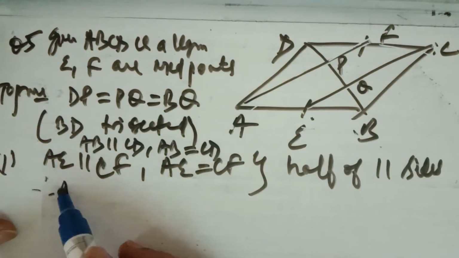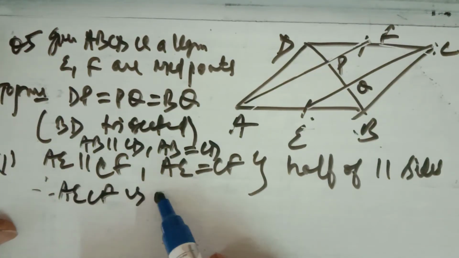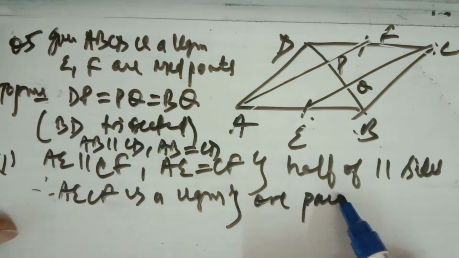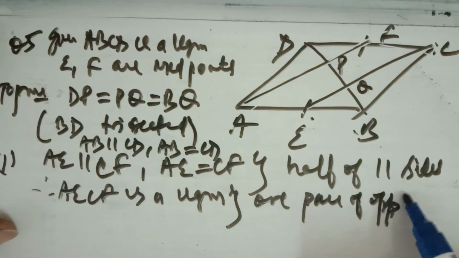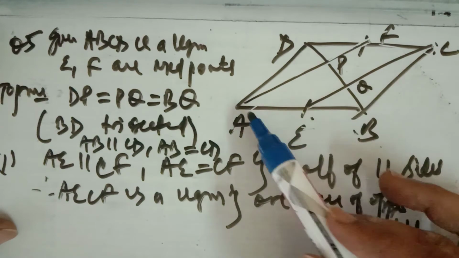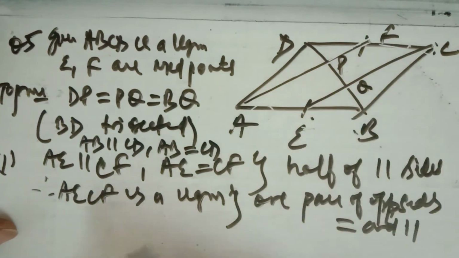So therefore AECF is a parallelogram because one pair of opposite sides is equal and parallel.